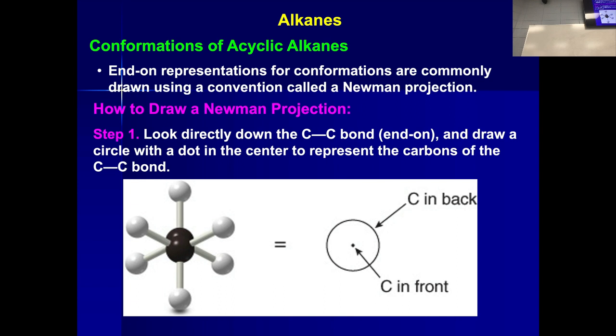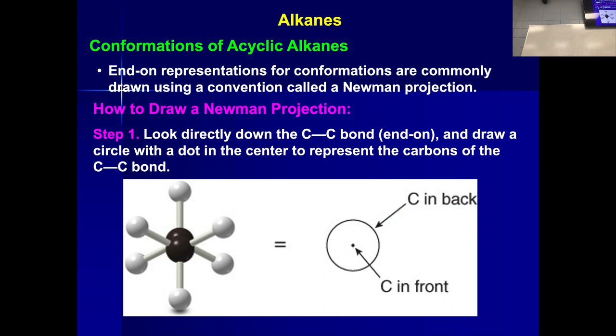Okay, so what you can do one day when it's nice and sunny outside, build your model. Go outside and hold it up when it's noon so it'll be right above. And what you will see is a projection of your model onto a two-dimensional surface. Okay? That's what Newman projections are. Okay? So imagine taking your model, putting it up here, and then just smashing it into the board.